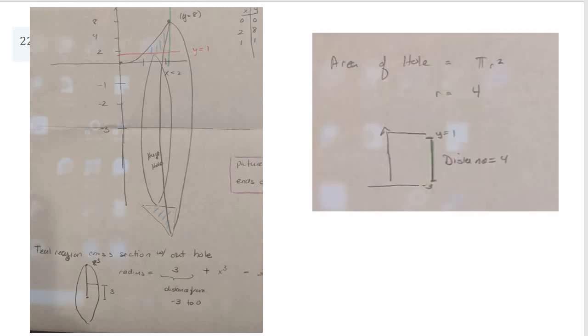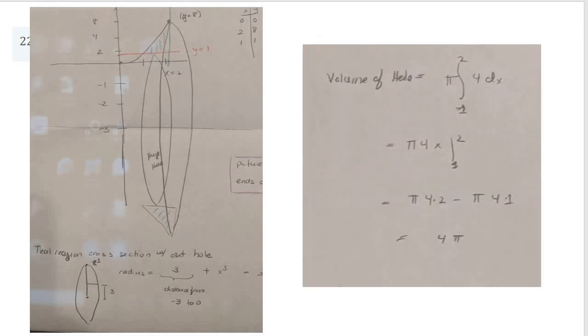Now I have to find the volume of the hole. The hole is going to be this distance I pointed out earlier. I'm going to have an r of 4 because the hole starts at minus 3 and ends at y equals 1. And so that r is going to be 4. So the volume of the hole, the way I've been showing you in class, is to say, hey, that's a cylinder.